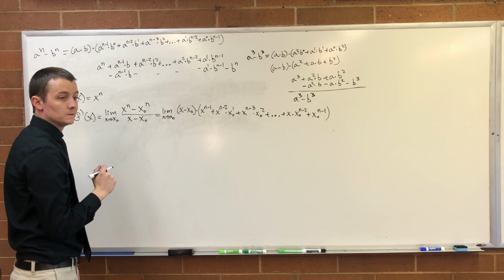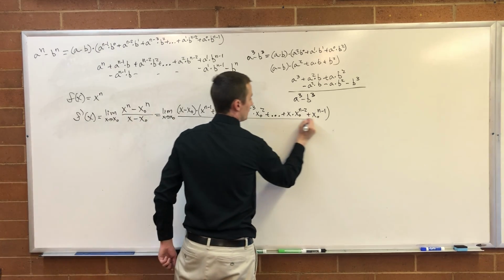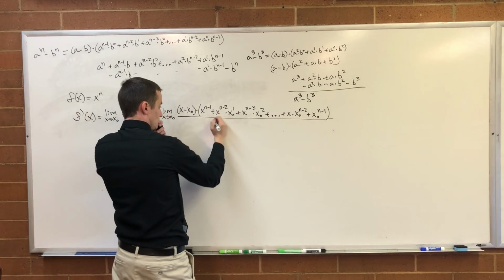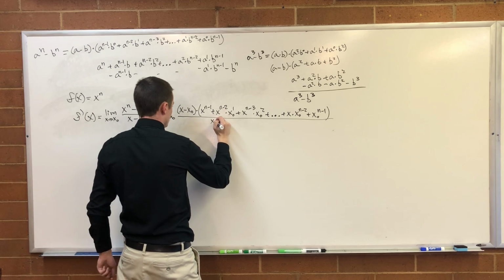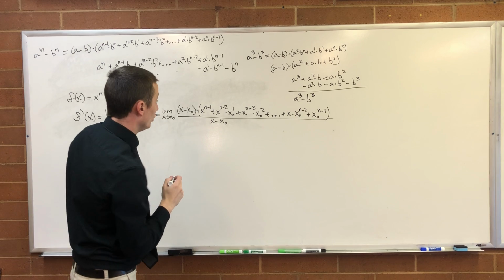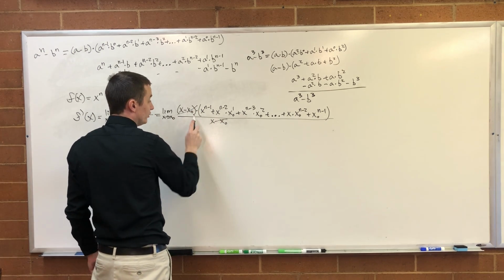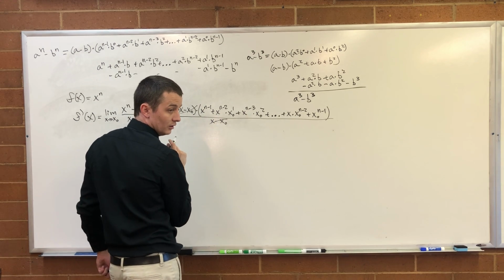Follow that? Okay? And then our denominator is x minus x naught. So we can cancel out that with that, and then just take the limit of this thing, right?